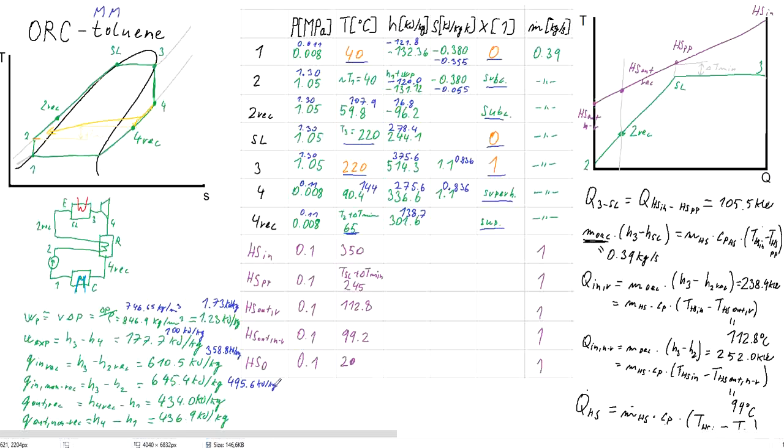The rejected heat for the non-recuperated case is 397.4. For the recuperated case it is 260.5.